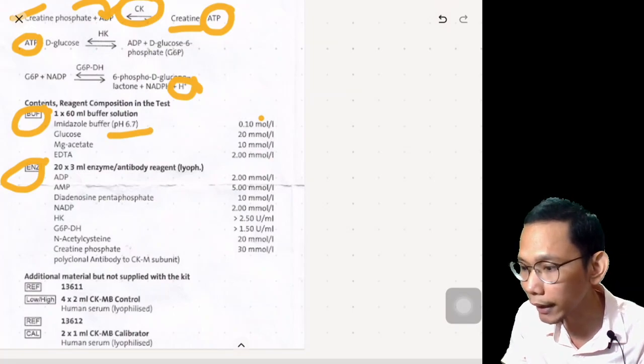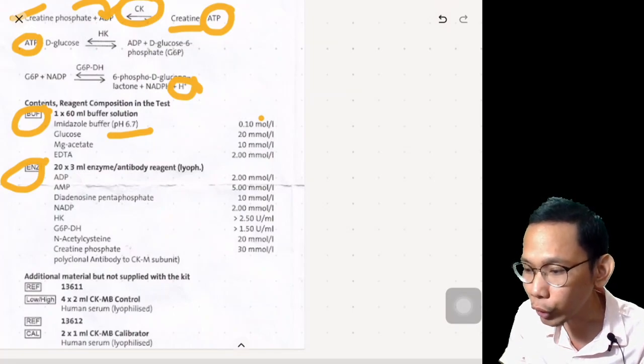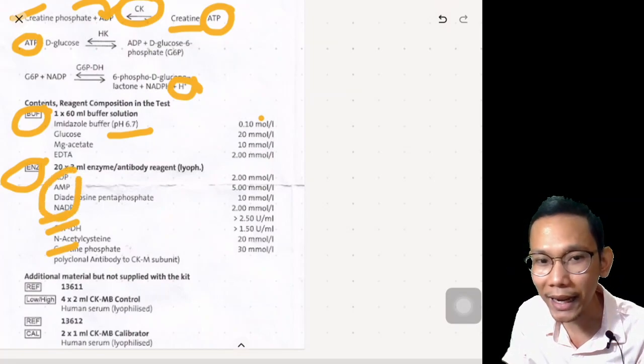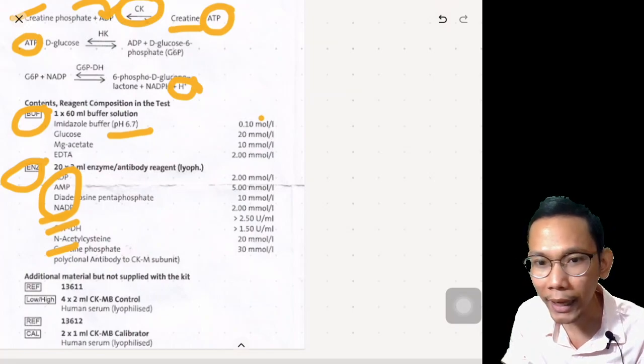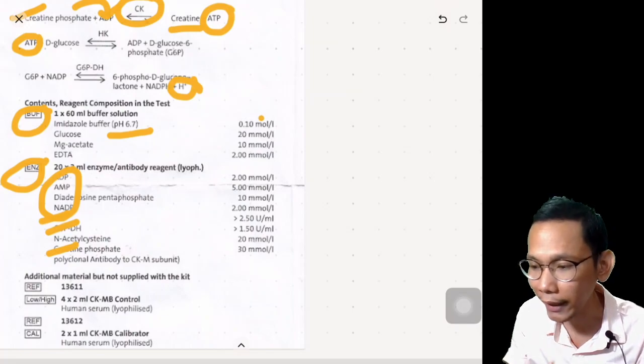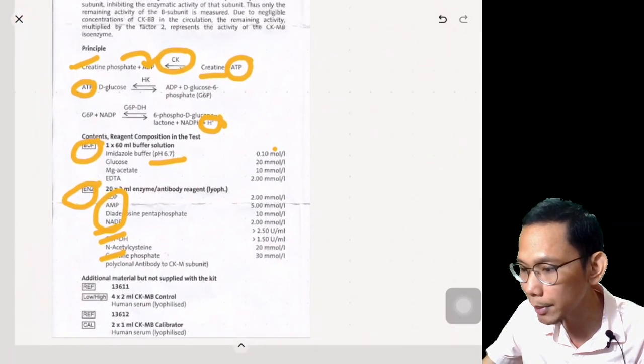Ang enzyme natin, kasi nga tinawag natin enzyme, kasi nga nandun yung mga enzyme na kailangan natin. Nandun yung hexokinase, nandun yung G6PDH, creatine phosphate, and other substrate na kailangan natin. So basically, sa enzyme, nandun nakalagay lahat ng substrate at saka enzyme. Additional material but not specific, wala na yan.